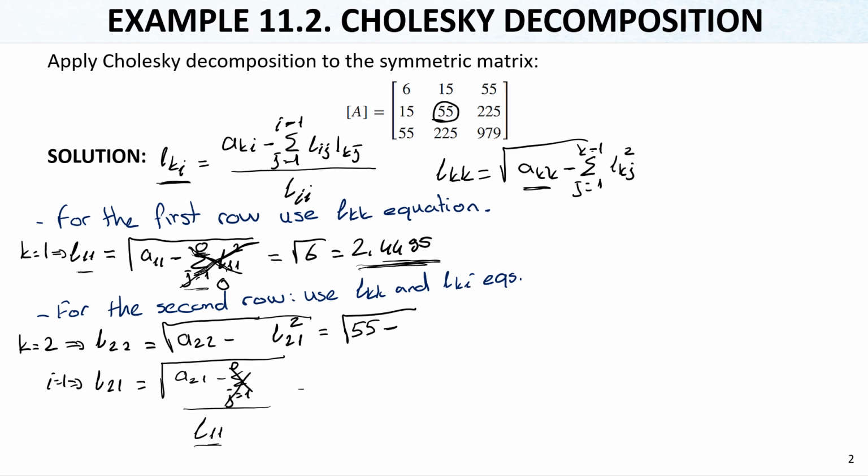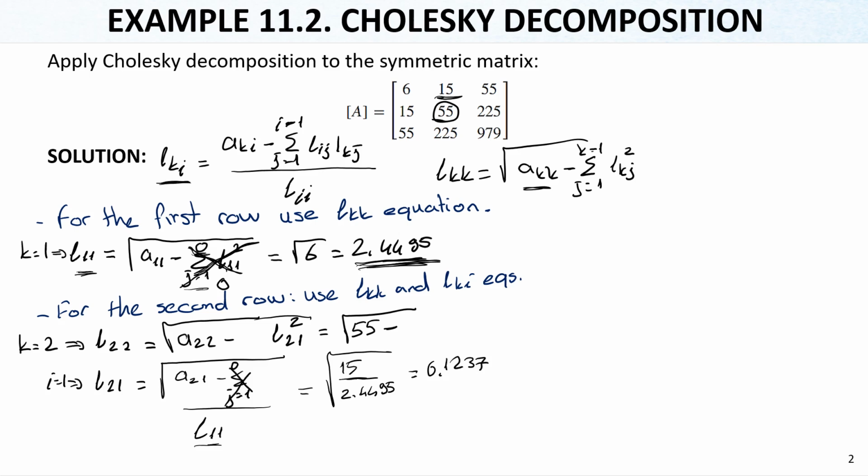Now we will use them. So A21 is 15 here. Divided by L11, we found here already L11, 2.4495, and the result here is 6.1237.